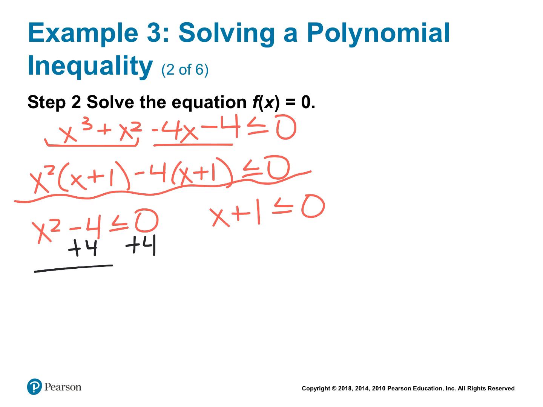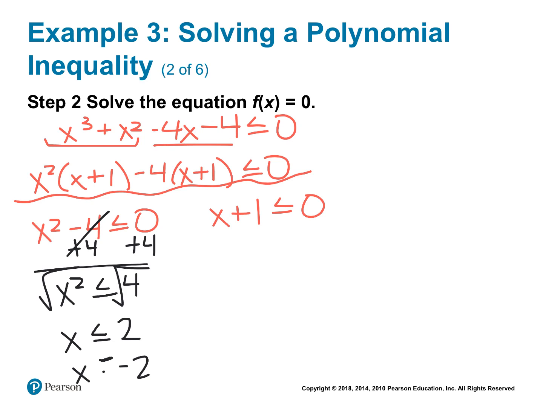Now this one, we're going to end up with 2 solutions on this first one. So if you take the square root, you would get x is less than or equal to 2, and then negative 2.